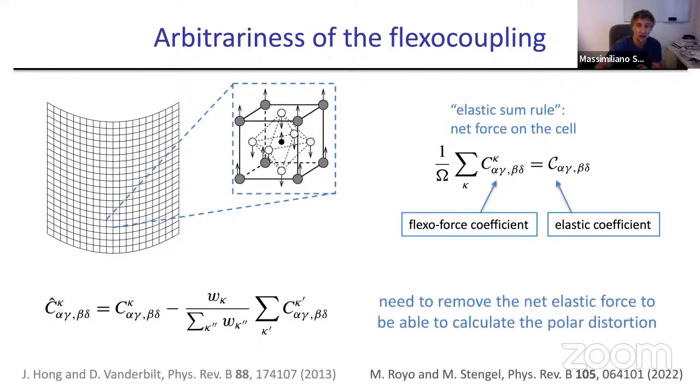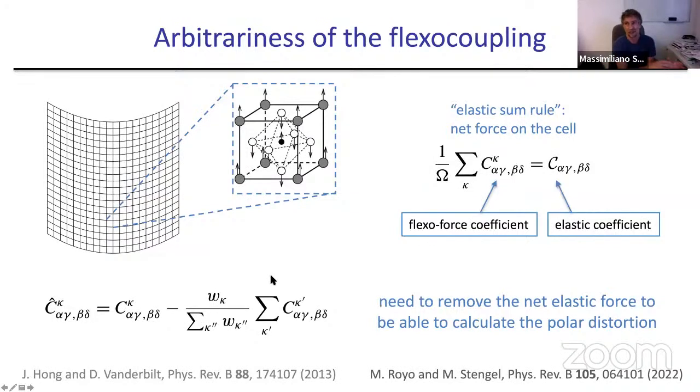And this is problematic when I want to extract from these forces some atomic distortion, as we want to do when calculating the flexoelectric coefficients. We need to remove this net elastic force to be able to calculate a polar distortion in flexoelectricity. And this is done precisely by using some weights that are arbitrary.